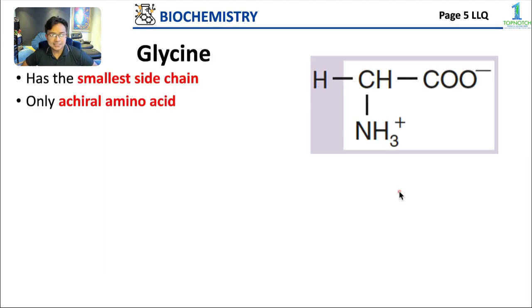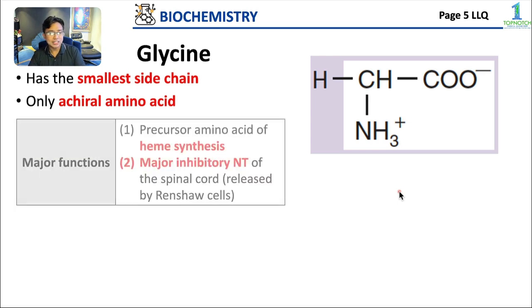Now, isa-isahin natin yung ating mga amino acids. Glycine, as mentioned, is an achiral amino acid. And because of that, it also has the smallest side chain. Okay? Tapos, ang pinaka-function niya is 1. It's for heme synthesis. Kailangan siya doon. And siya ang ating major inhibitory neurotransmitter of the spinal cord.